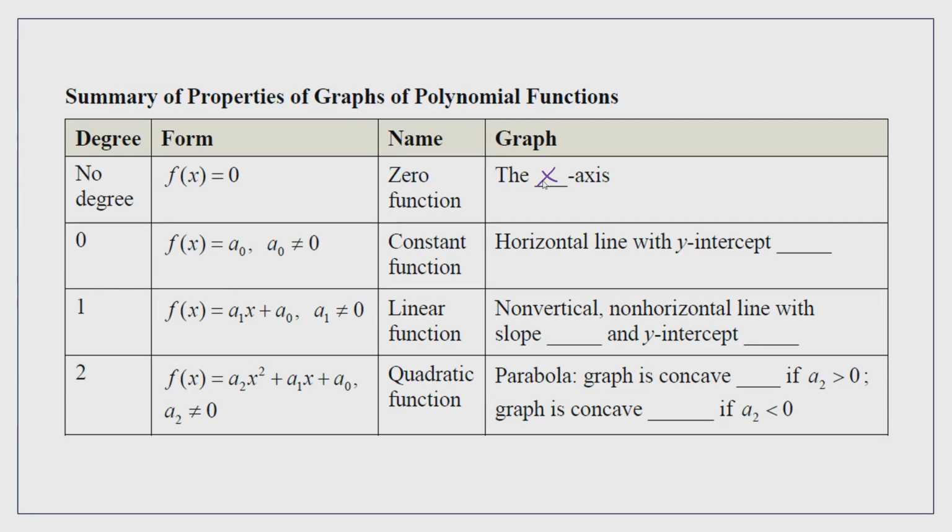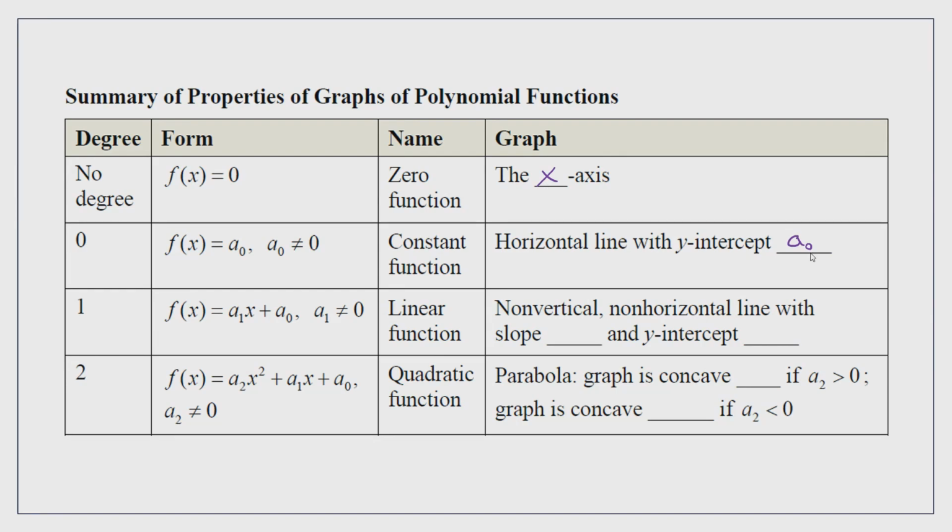When you have a degree of 0, this would be in the form of f of x equals a sub 0, where a sub 0 does not equal 0, because if it did, it would be the zero function. So when you have f of x equaling a value, this would be considered the constant function. And graphically, this would be a horizontal line with a y-intercept at a sub 0.